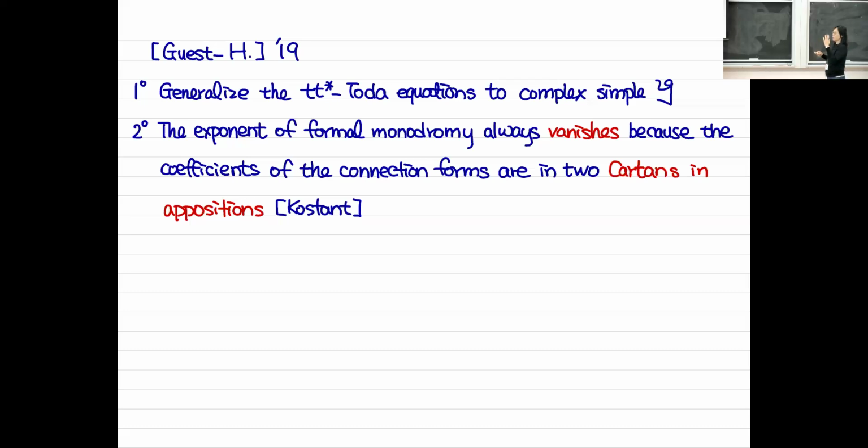This is because, in order to get that formal monodromy, what you do is project the leading coefficient into the Cartan of the second coefficient. And the system that appears in this TD star Toda system is such that they lie in two different Cartans, the so-called Cartans in opposition in the language of Kostant, which means that when you do the projections, it vanishes. So that's what happened. This is true in general, so that also explains the calculation result.